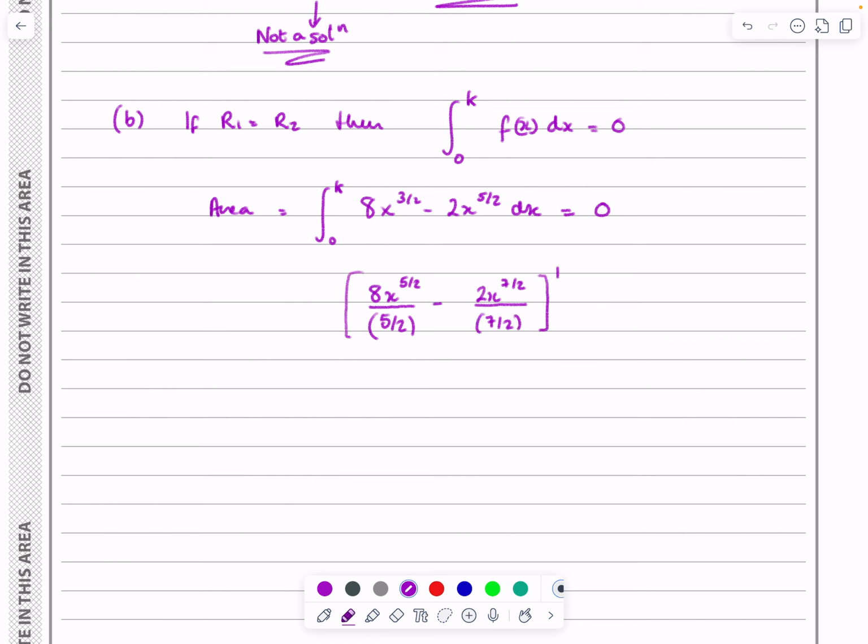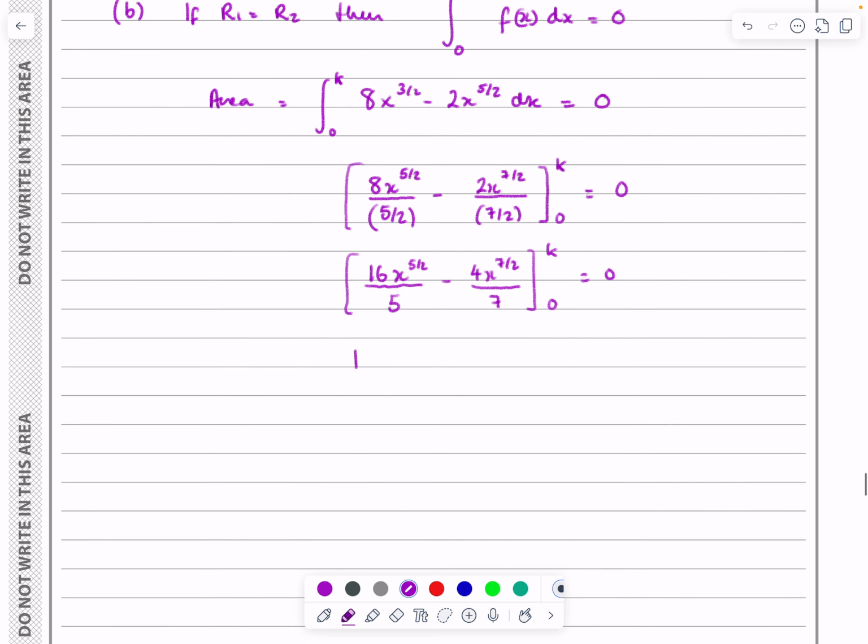If I put in the values of k and 0 into that, that's going to work out to be equal to 0. Tidying up that, I'm going to get 16x to the 5 over 2 over 5 minus 4x to the 7 over 2 all over 7, all between k and 0 is going to equal 0.